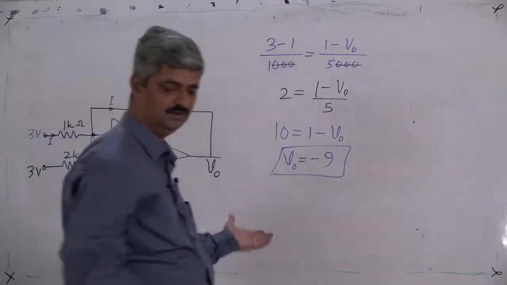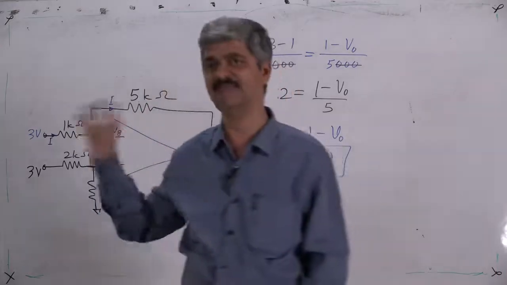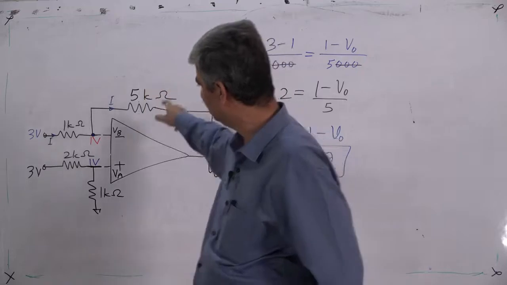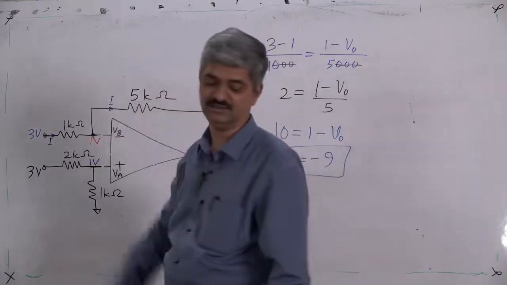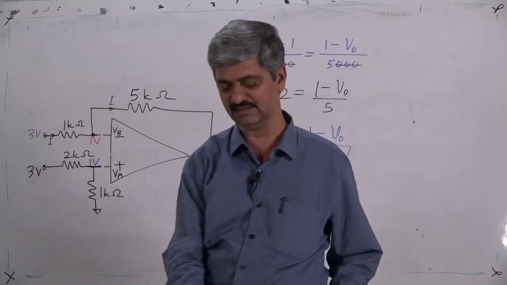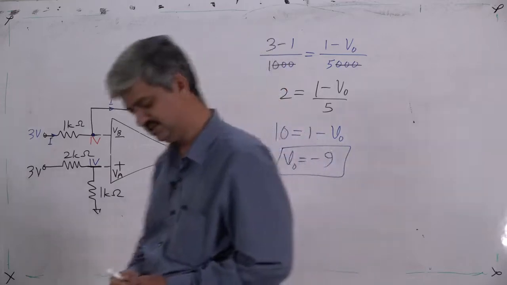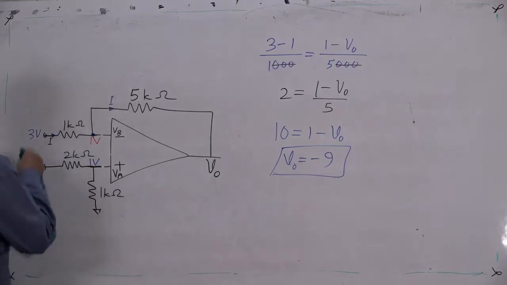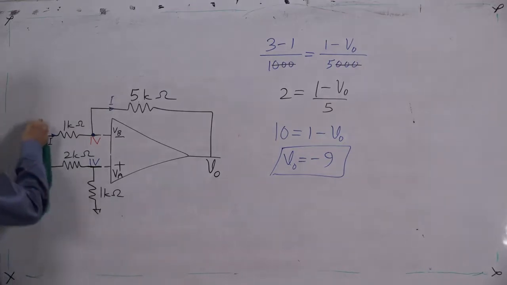I hope this is the same circuit with some change in either resistance values or voltages. Now I make a further change. Instead of this 3 volts, I will make it 5 volts, and let us see what happens.